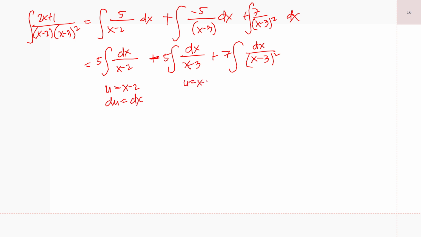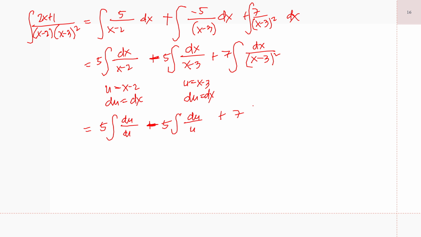Our u is x minus 3, and du is equal to dx. We will just write this in simpler form: 5 integral of du over u, minus 5 integral of du over u, plus 7.